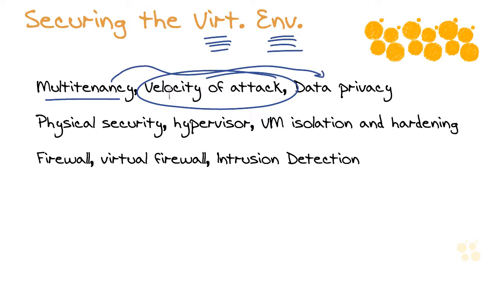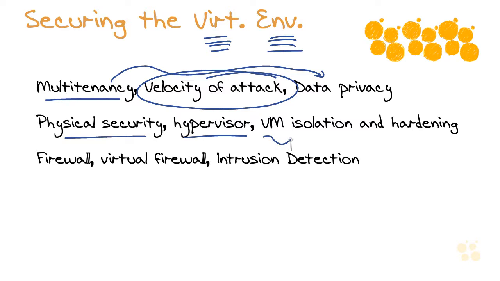So you could have an attack hit the hypervisor and proliferate through all the VMs, maybe even jump to another hypervisor and then start hitting those VMs. So an attack can really have quite a velocity. So we, as security administrators of the data center, go after physical security and hypervisor security.